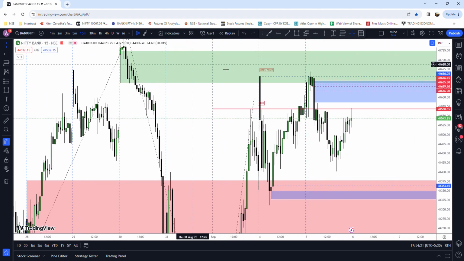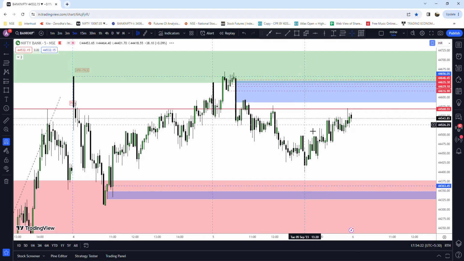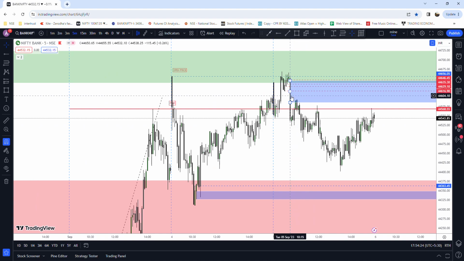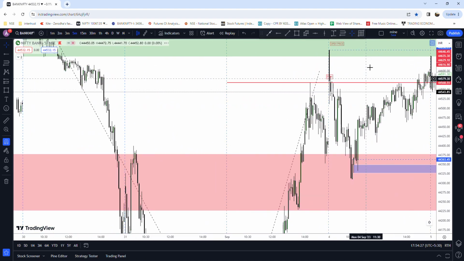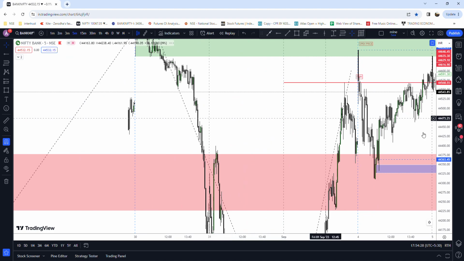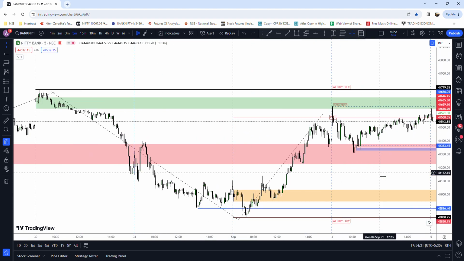Let's put this at green, this red, this yellow. There's a reason why these candles form. There's a reason why you have huge volume over here. It's not random. So you got to understand the logic behind it, mark those levels, and wait for the levels to come patiently, and they will reward you.